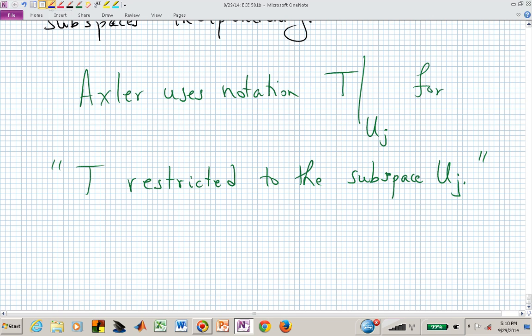Now that would be nice if we were always guaranteed that that linear map would always be restricted to U sub j if we started in U sub j, but that's not always the case.